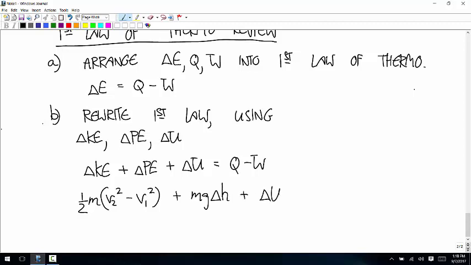Plus we still have this change in internal energy is equal to Q minus W.